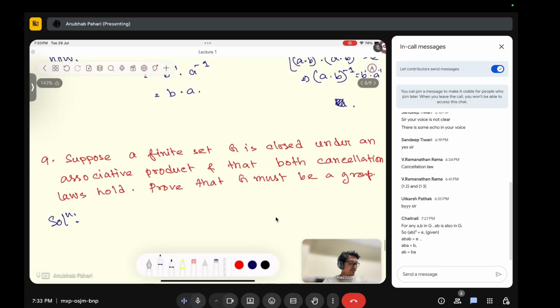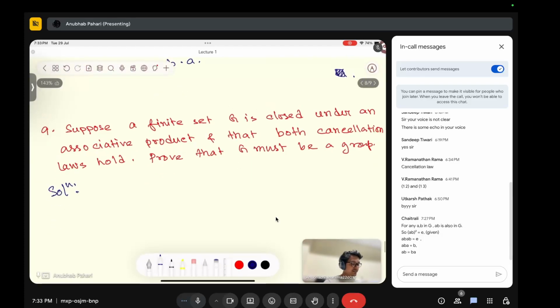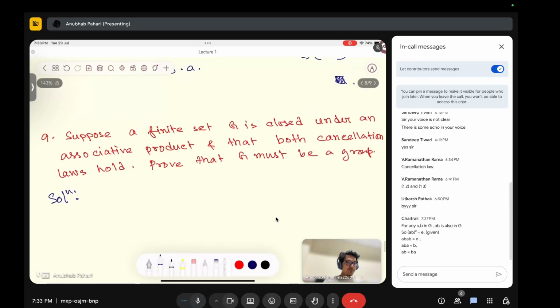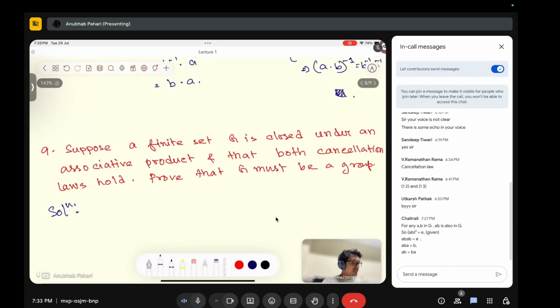Okay, the proof will be rigorous but it will be interesting, so I request you to follow this. The finiteness of the group is important.